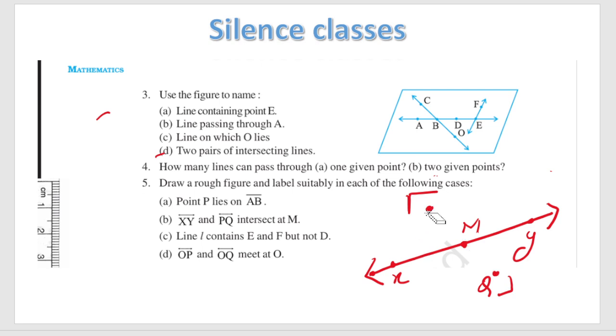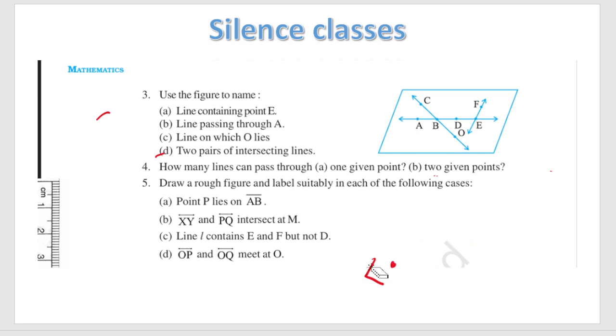Okay, now what is question number C saying? Line L contains E and F but not D. Means if I draw a line, and no name is given, we denote it by small l.